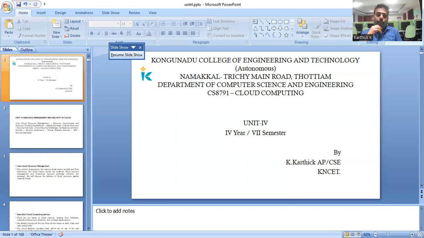For example, if you use Google, sometimes our location will change. If there is any problem in the nearby data center in our location or country, the request will be forwarded to the next nearby data center, processed there, and written back to the location, so that our user retrieves that information as a response.